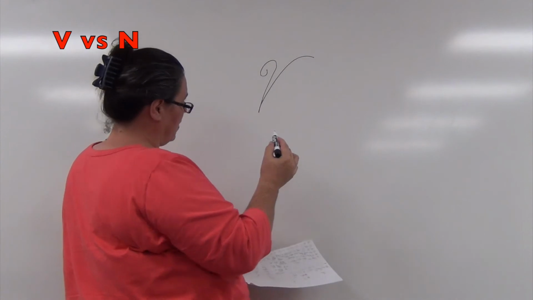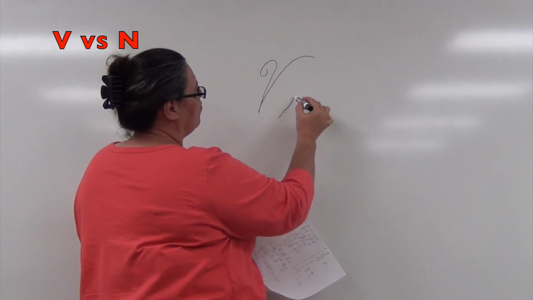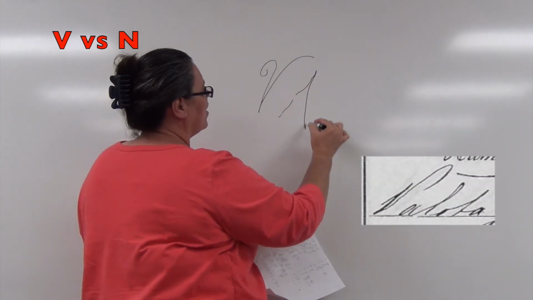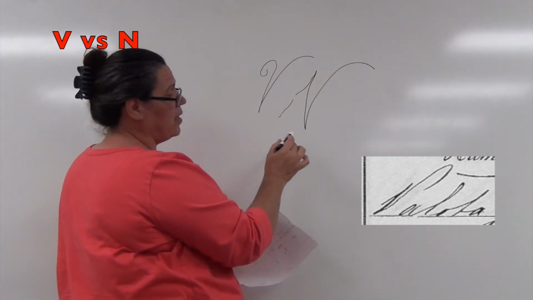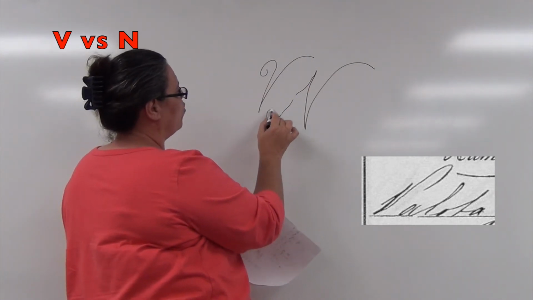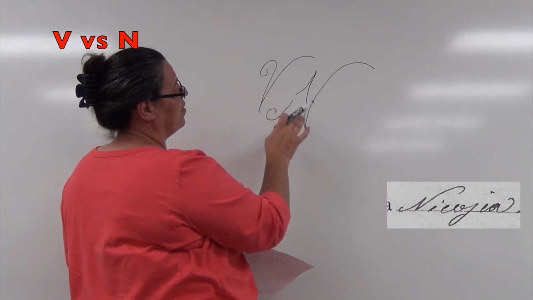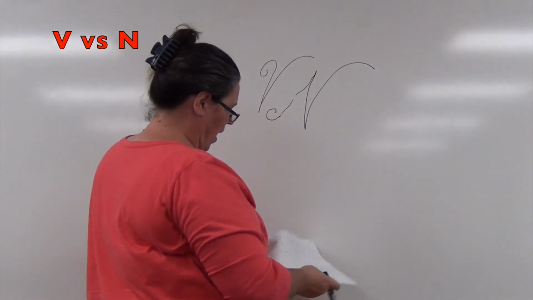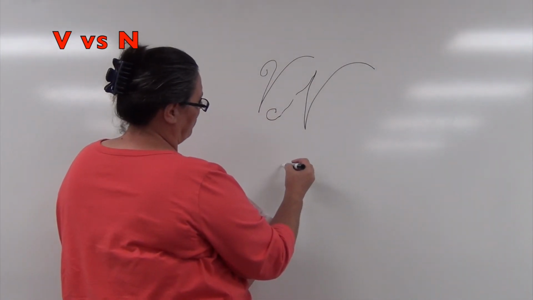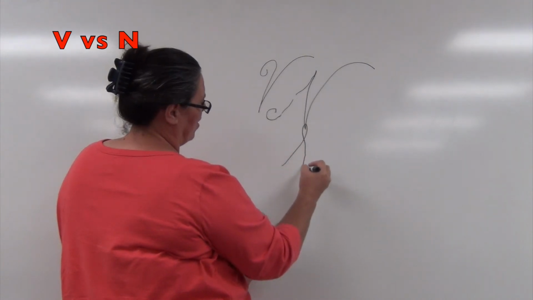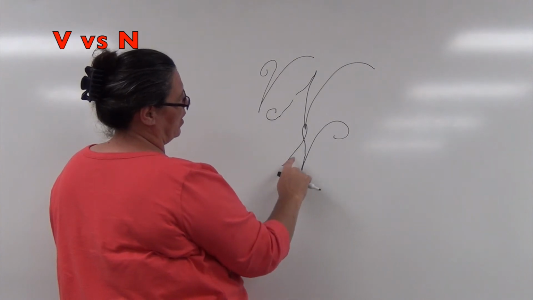Or it might start here real faint, and then come down and back up, and it looks like the N. Now remember, the N will probably have a little curve in front of it to make it different from the V. And you also might get a V like this that doesn't have that curve at the beginning.